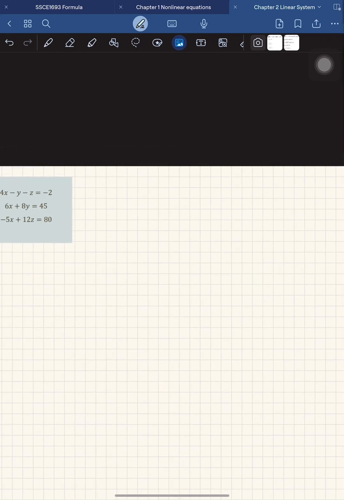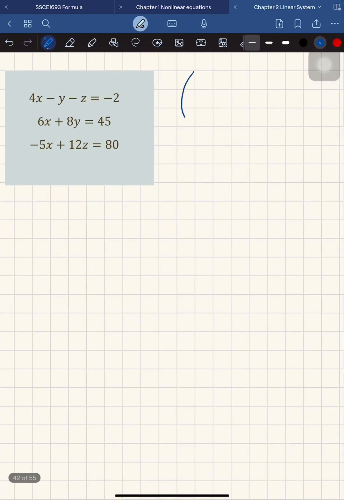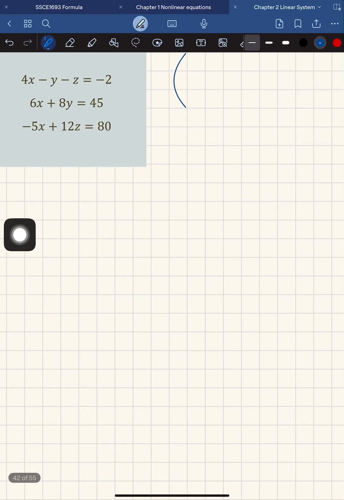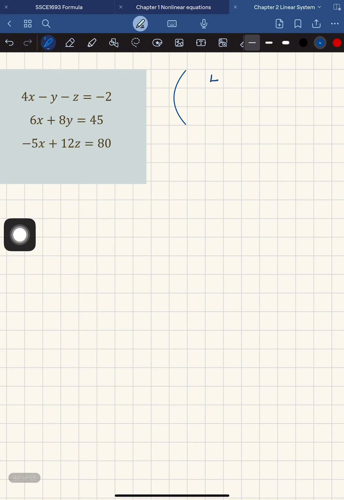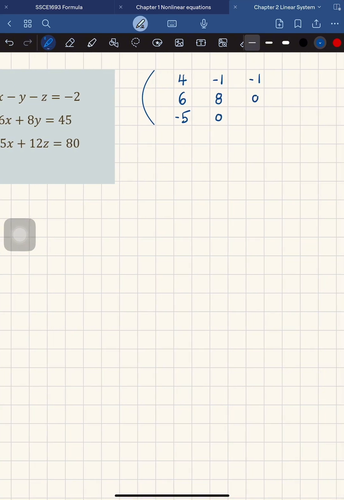So find our matrix A. We have 4, 6, -5, -1, 12, -1, 6, 8, 0. This is our matrix, and now we need to check for the SDD.